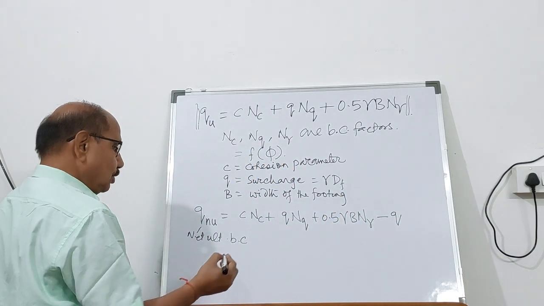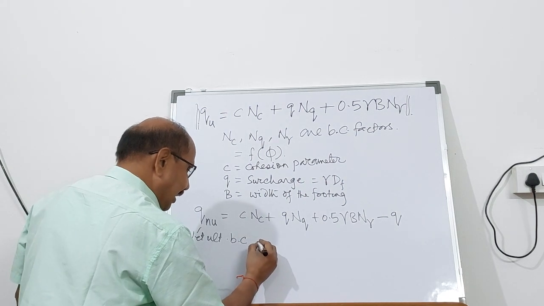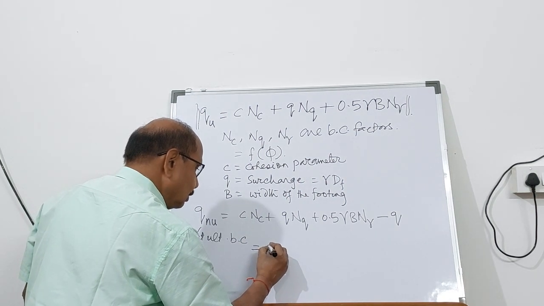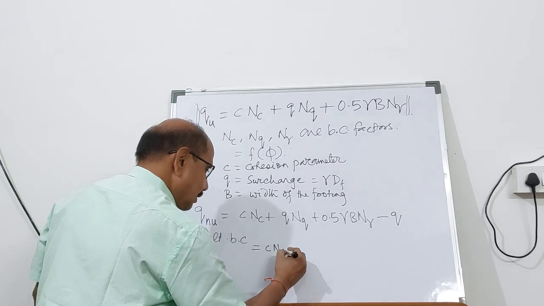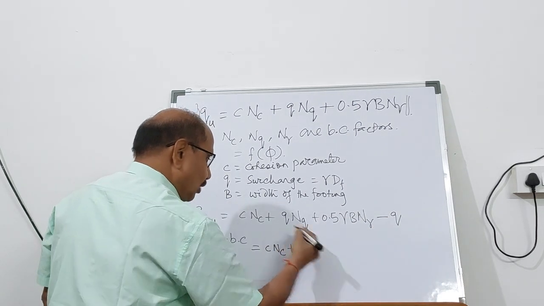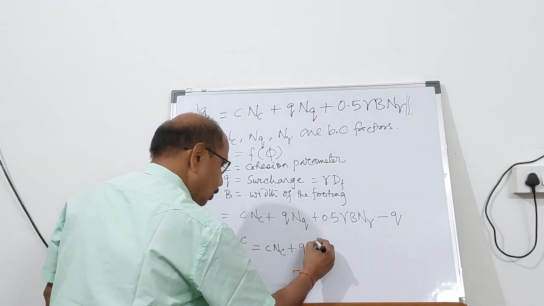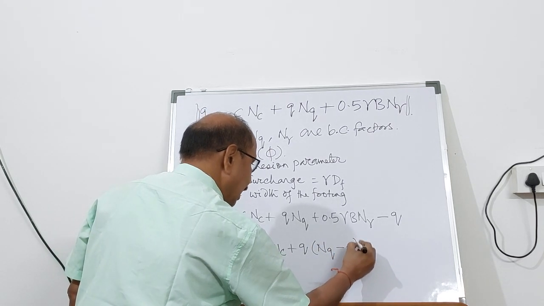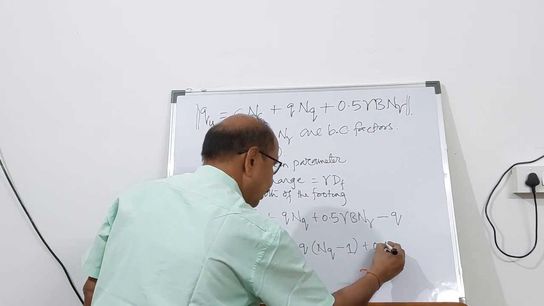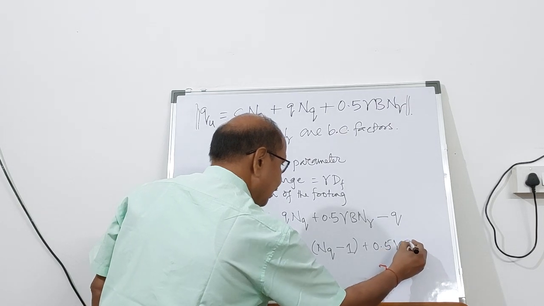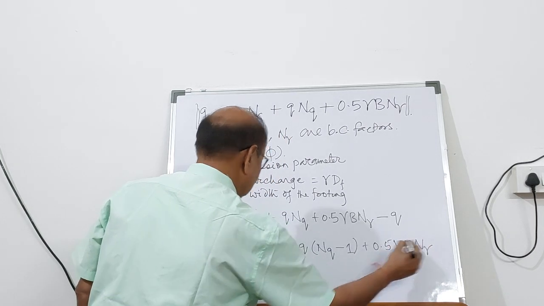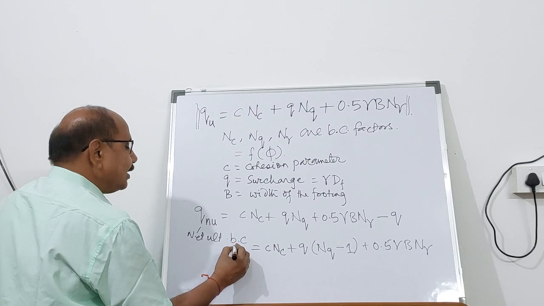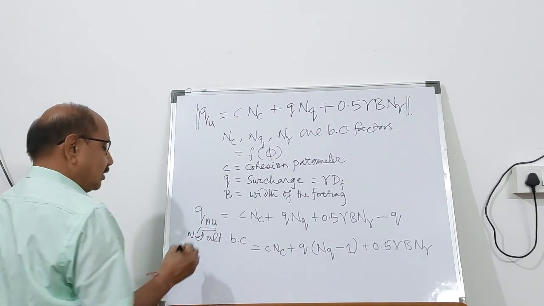So finally, if you simplify it, this is equal to cNc + q(Nq - 1) + 0.5γBNγ. So this is called the net ultimate bearing capacity.